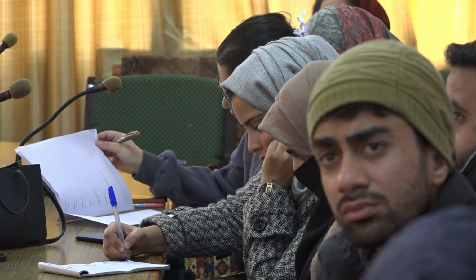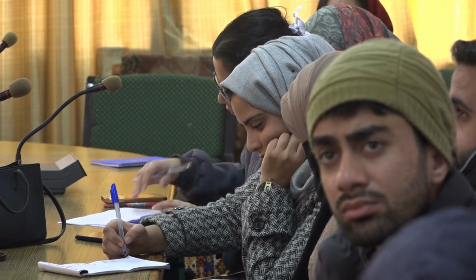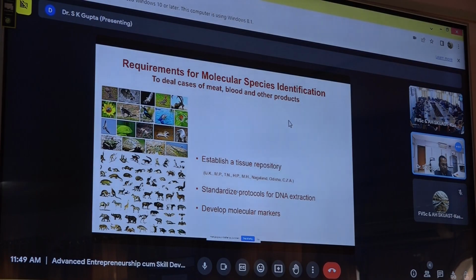We have the protocol to extract DNA even from processed samples. Sometimes we can extract DNA from processed bear bile, bear fat. Bear fat is also one of the objects going into the market, as animal fat, and the marker is already in place. And that is the exact number which we need to deal with.